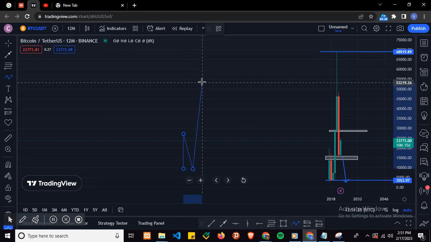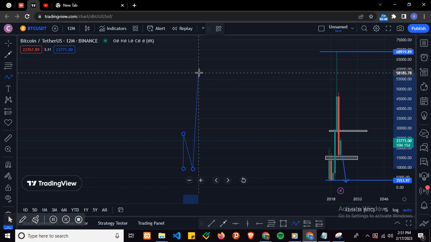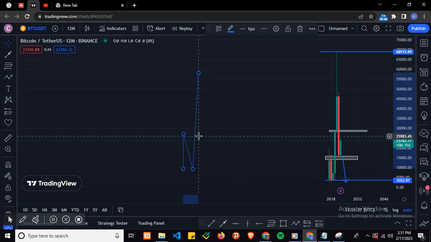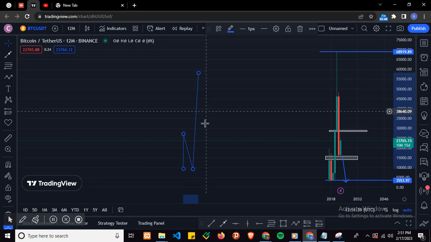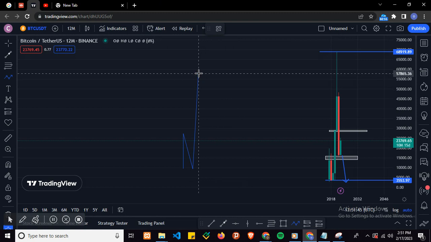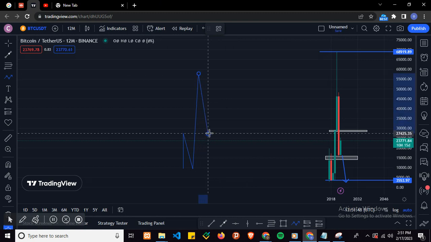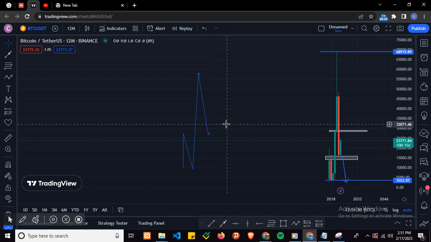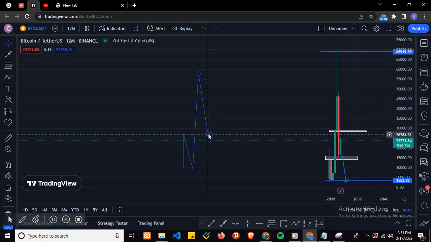Then it shoots up like this, and it breaks the previous resistance. This is the highest, right? Then come down like this. And see, we have two options here.